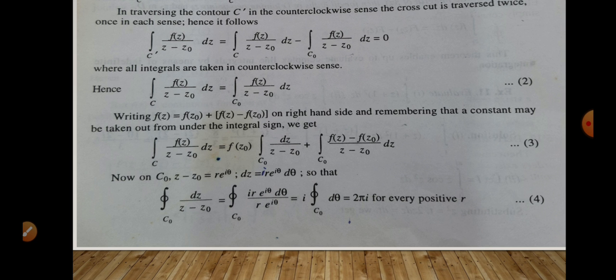In traversing the contour C' in the counterclockwise sense, the cross cut is traversed twice, once in each sense.